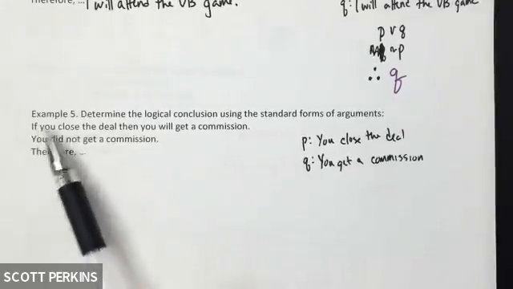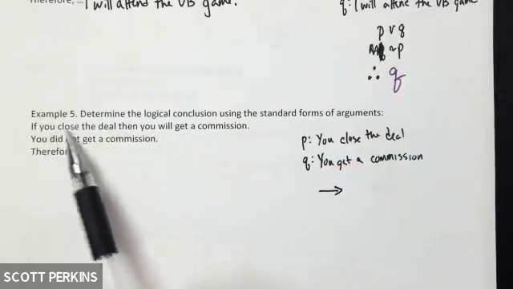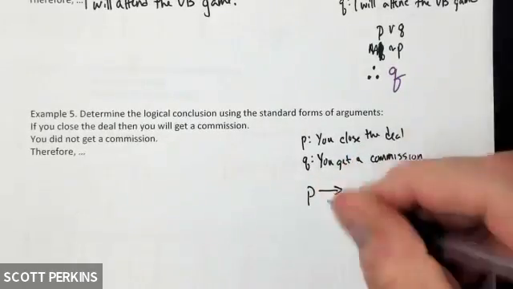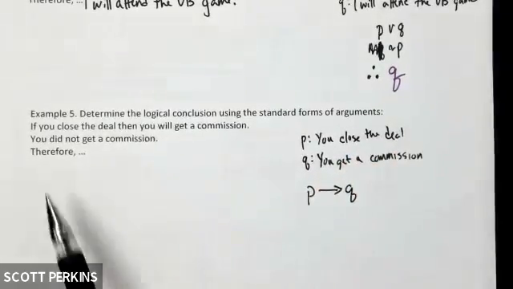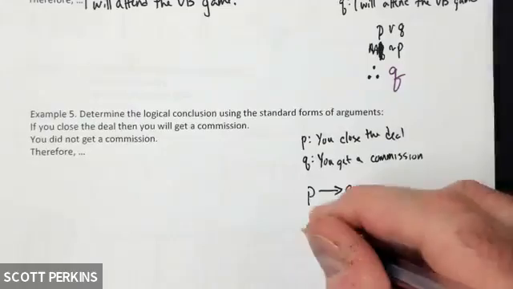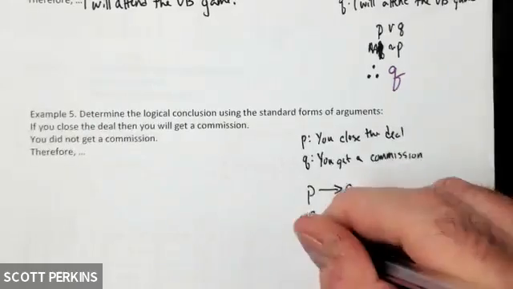So the first one is an if-then statement. So it's a conditional statement. On the left side, you close the deal, so P. On the right side, you get a commission, so Q. The next statement is you did not get a commission. So if I'm reading right, but you guys are paying better attention than me, that's squiggly Q.